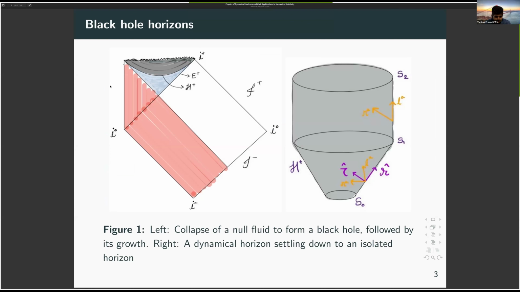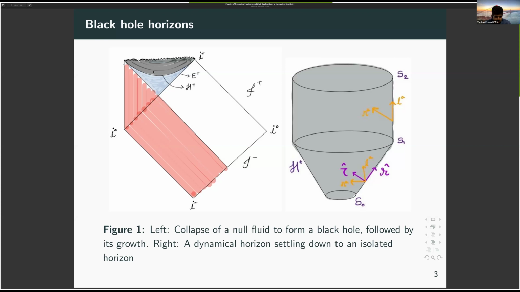Let's imagine a situation. We are now looking at the left-hand side figure. Let's imagine a situation where there is flat Minkowski spacetime. There is no gravitational radiation falling in until a certain instant, which is marked by this line here, wherein a null fluid starts collapsing inwards.